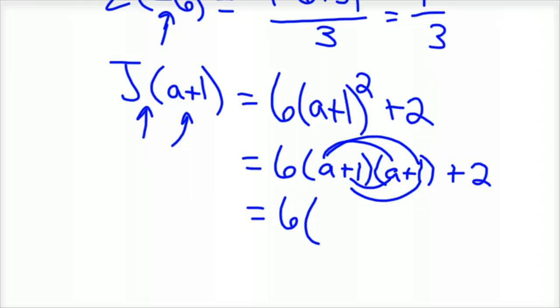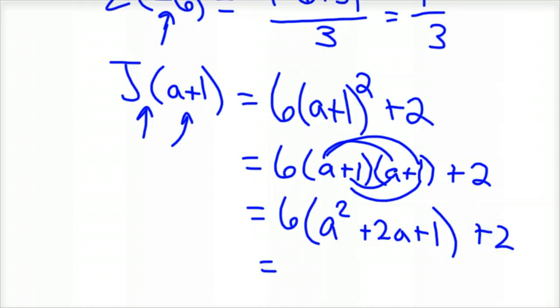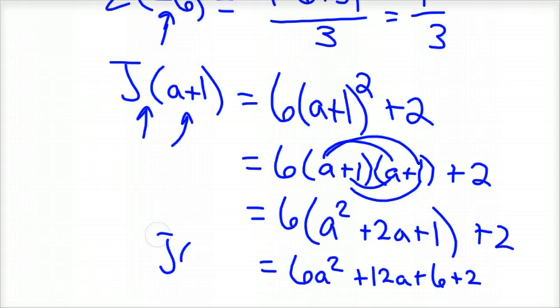And so you just have a squared plus 2a plus 1 if you do all that, and then plus 2. And if you kept simplifying, you can distribute the 6 through, so 6a squared plus 12a plus 6 plus 2. And so that would be J at the value of a plus 1.